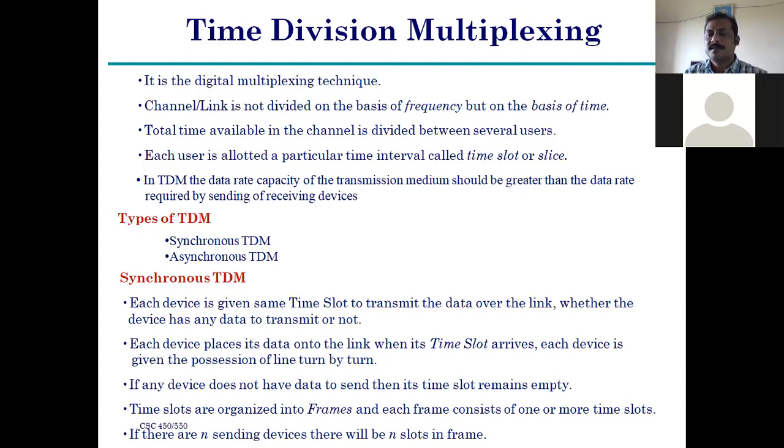These are all slots assigned to each and every user, right? According to user data, each slot is used or not by the particular user. That is the meaning of this. If any device does not have data to send, then its time slot remains empty.